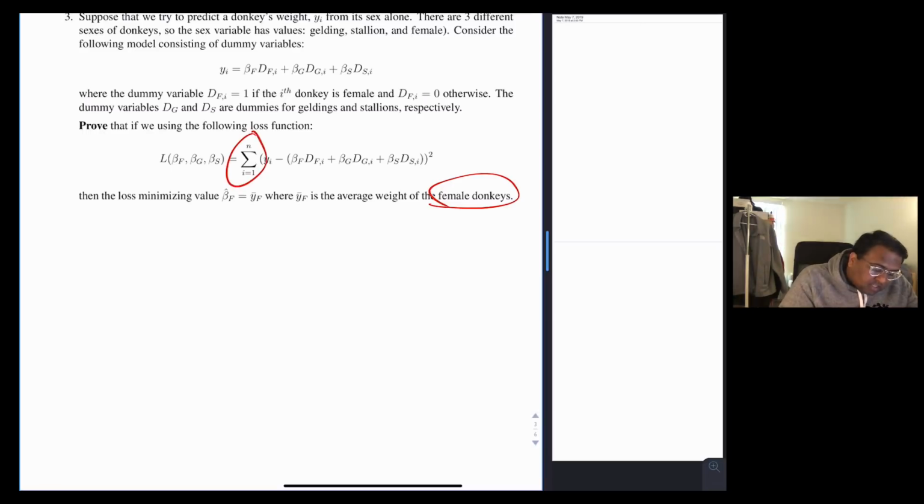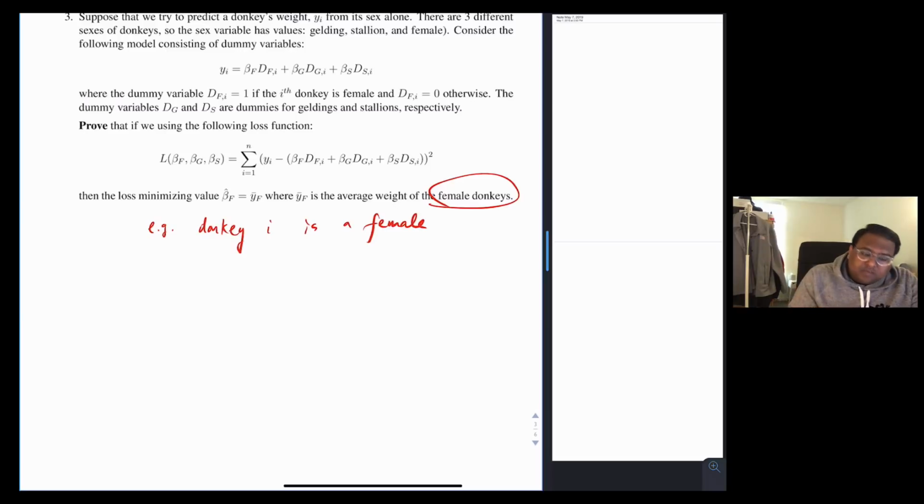Okay, but this sum, the way it's written, is over all of the donkeys. So there's some sort of logic we're going to have to use to be able to say that the optimizing value only has to do with the female donkeys. Okay, and the insight we'll make is what I earlier mentioned. This is really 3 separate models bundled into one, right? So for example, suppose donkey I is a female donkey.